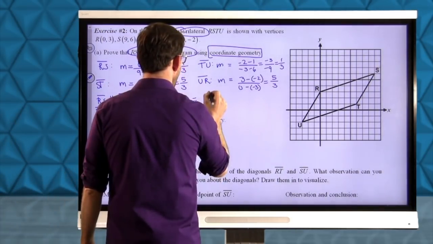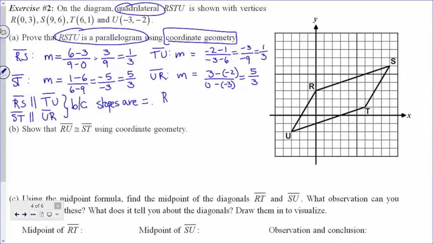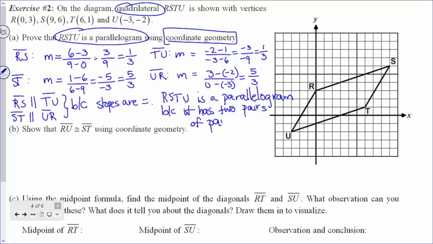Now I'm going to say RSTU is a parallelogram because it has 2 pairs of parallel sides.